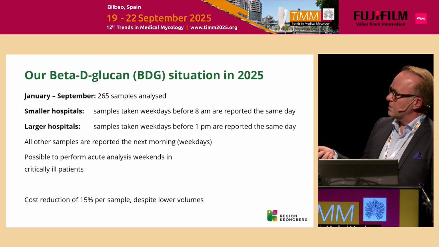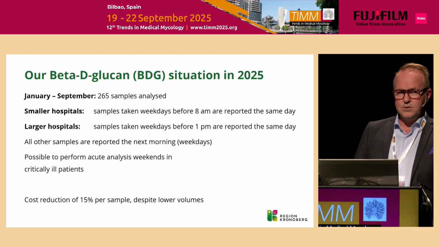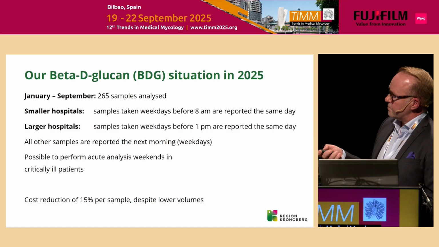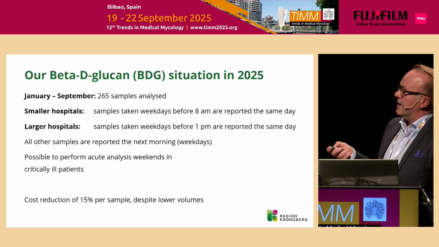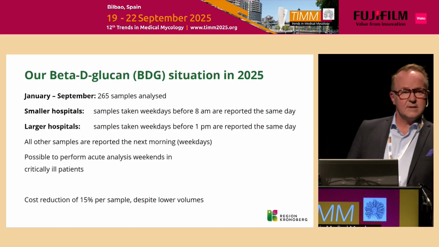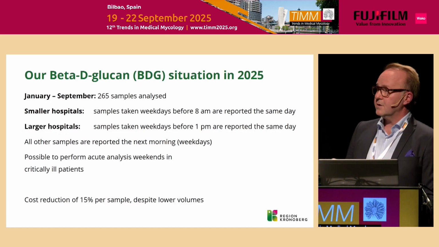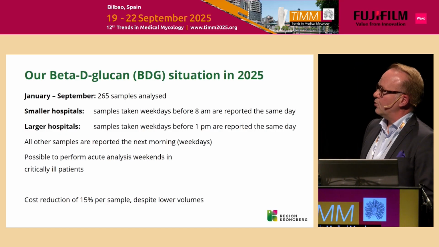For the larger hospitals, where the more complicated patients are usually cared for, we report even samples taken as late as 1 p.m. the same day. If the samples arrive later than this, we report the results the next weekday morning. So this is, of course, a huge improvement in turnaround times.